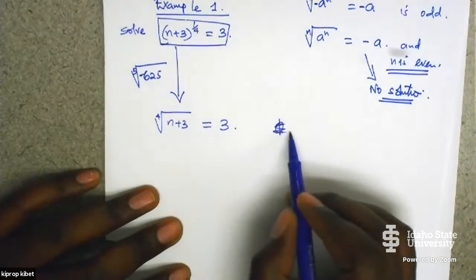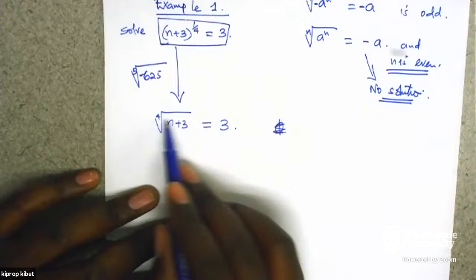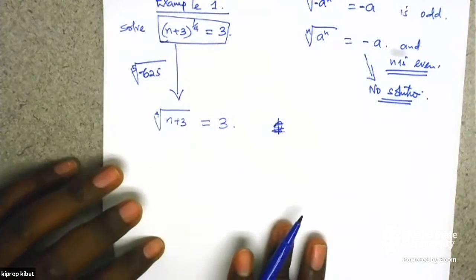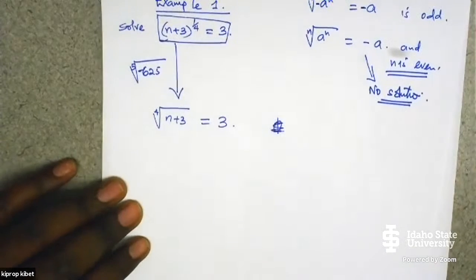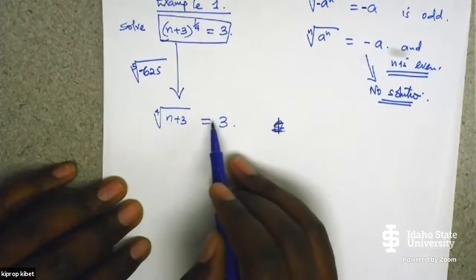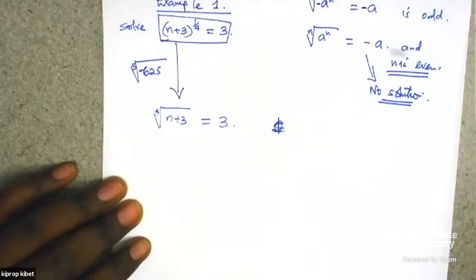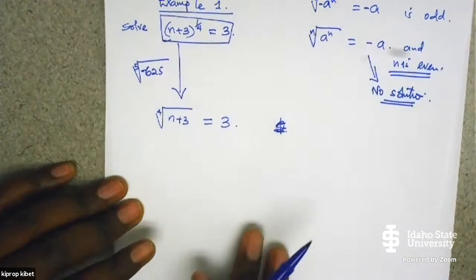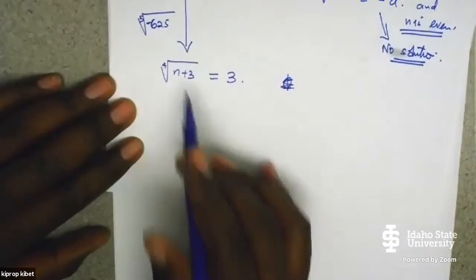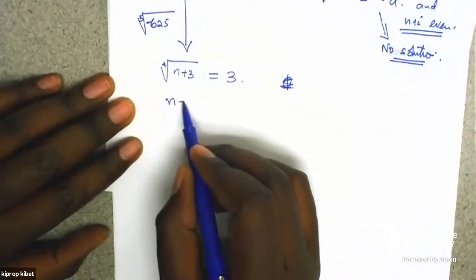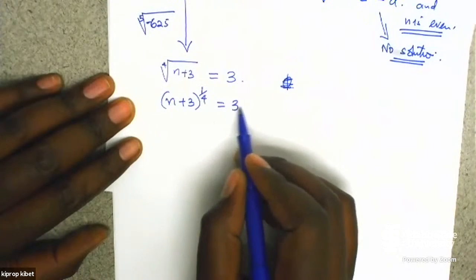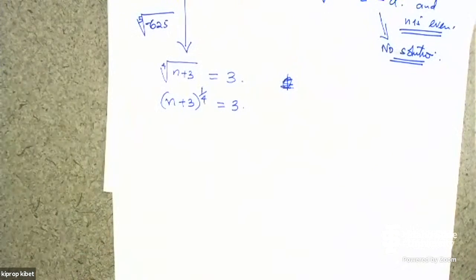Since this one is even and the value is positive, there is a solution, and we need to solve from there. But if there was a negative here and the root is even, you don't have to solve. You just put there: no solution. Now, here, this is n plus 3 raised to 1 over 4, which equals 3.